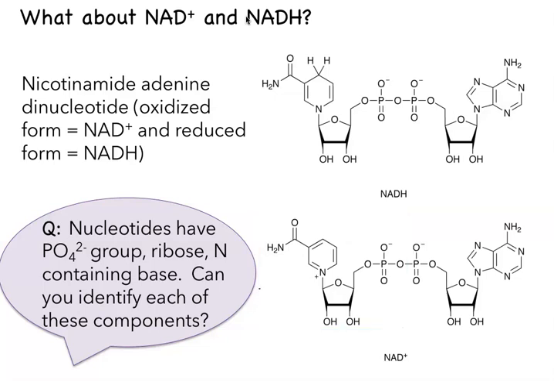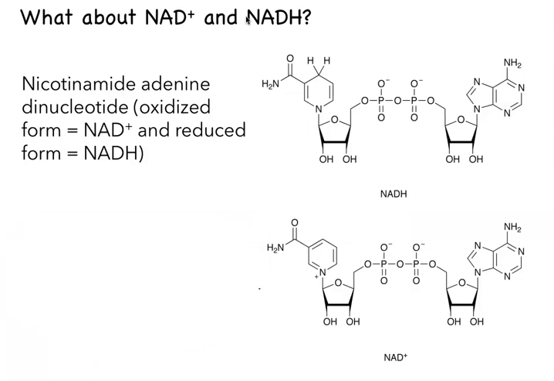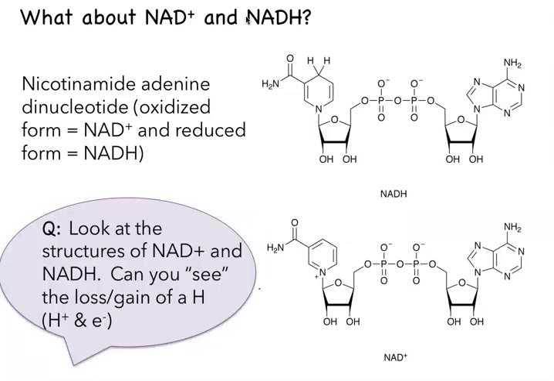For this particular reaction, we're looking at the redox reactions. And so the next question would be, can you see the gain or loss of a hydrogen? If you study this for a little bit, you'll say, yeah, I can. Here on the NADH, we can see the addition of a hydrogen. It's absent in the NAD+. I also want to point out that NAD+ has picked up an electron because it's gone from being positively charged to being neutral in NADH.